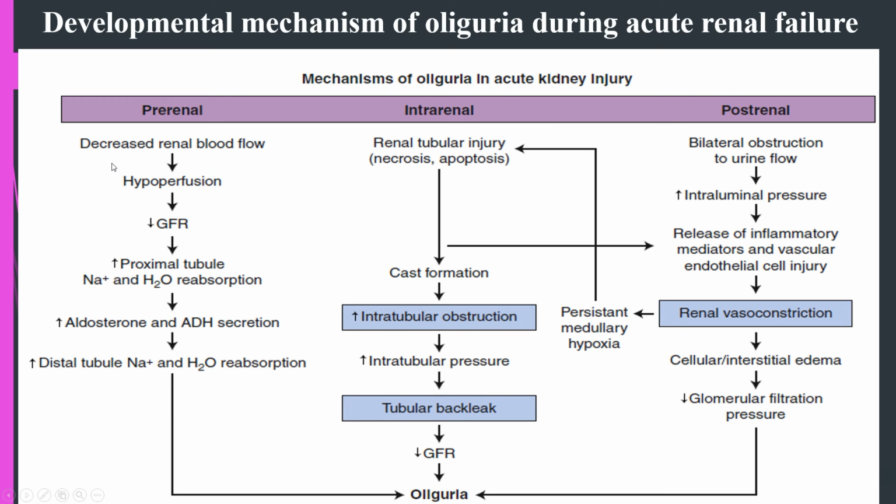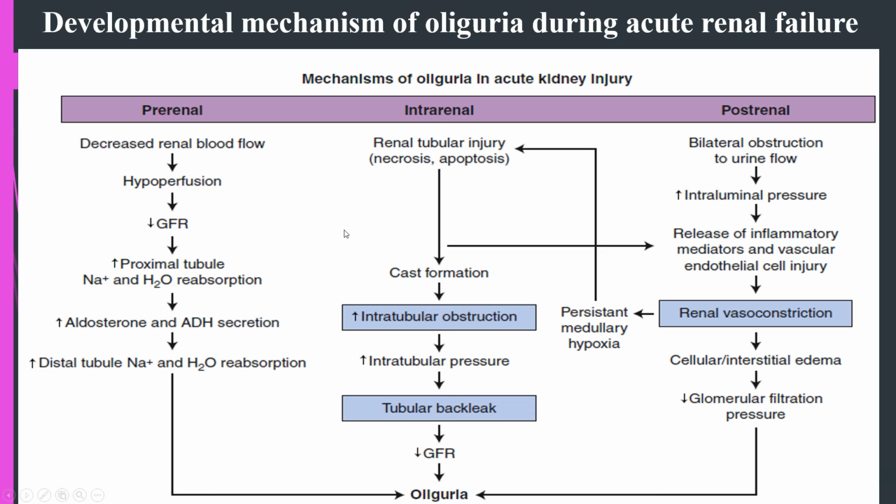Prerenal, for example, decreased renal blood flow from hypoperfusion, decreasing glomerular filtration rate because of decreasing perfusion of the kidney, increasing proximal tubule sodium and water reabsorption, water and sodium accumulation in the body, increasing aldosterone and antidiuretic hormone secretion, increasing distal tubular sodium and water reabsorption.